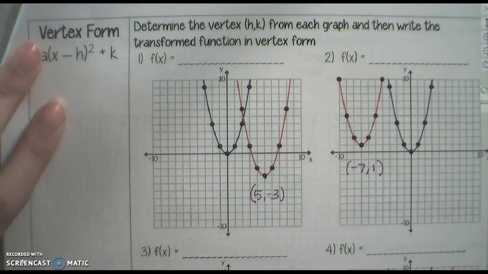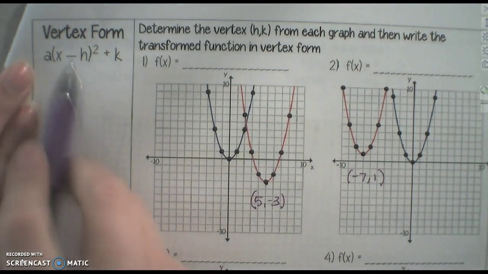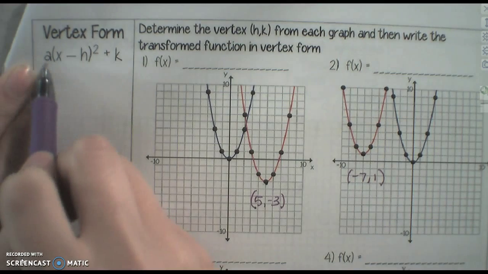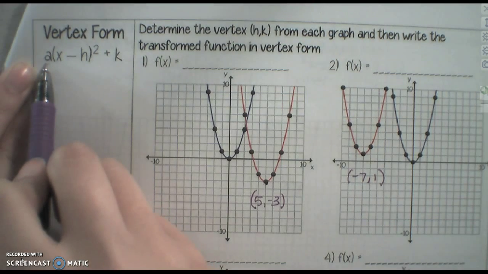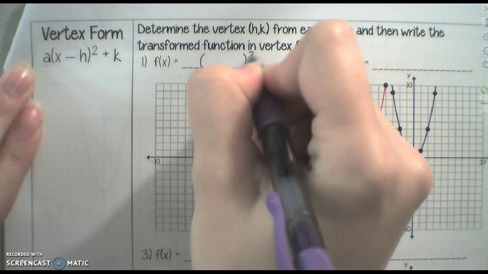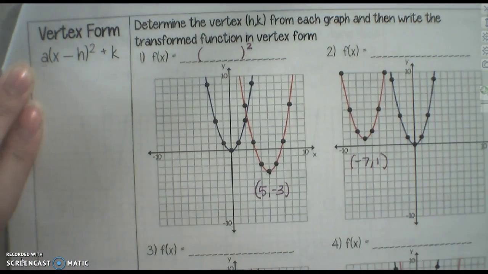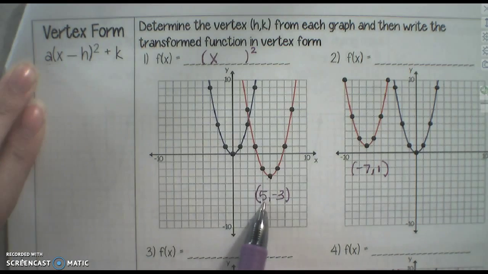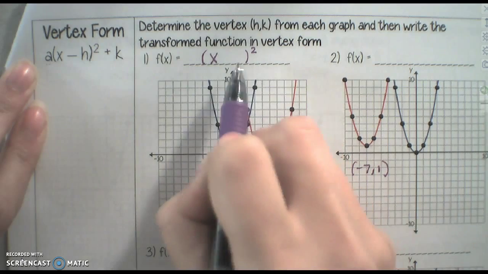So now when we go to put it back into vertex form, here's kind of our form here. There's no stretches or compressions, so we know A is going to be 1. But do we need to put that 1 there? No. So we're going to go ahead and put a big set of parentheses squared. And I'm going to put x, and then I want to put this h, or this x value in a sense, back in up here.